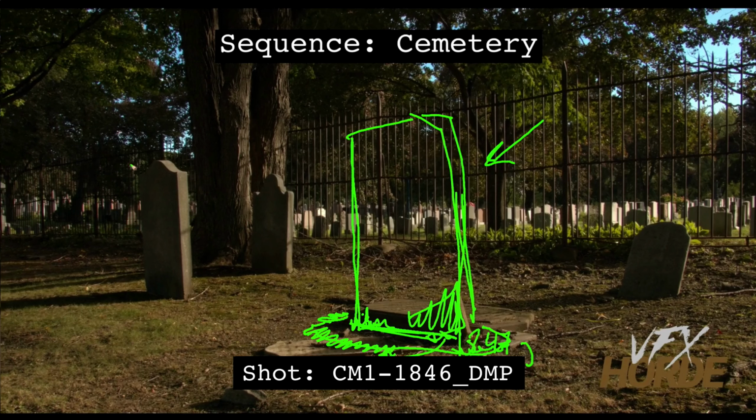So go ahead also and replace this gravestone here. You're going to want to make sure that it's slightly larger than the gravestone in the plate. That way you don't have to replace anything behind. So let's say you did a gravestone here, and that means that you would have to replace all of this. You'd have to put the fence back there, and because there's slight parallax in the plate, you'd have to put in trees and other things back there.